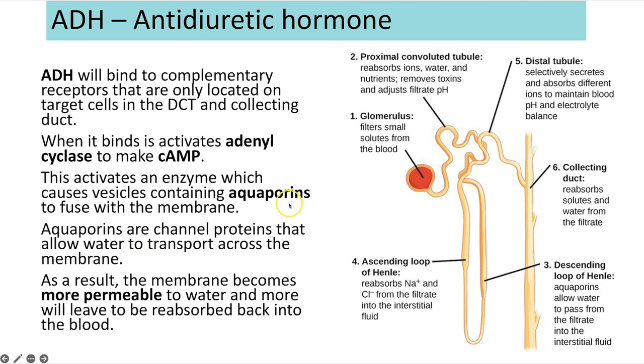So if you have more aquaporins embedded within the membrane, that means the cell surface membrane is now more permeable to water, so more water can leave the distal convoluted tubule and collecting duct to be reabsorbed back into the blood. So the more ADH that is released, the more aquaporins there are in the membrane, and therefore the more water gets reabsorbed back into the blood.